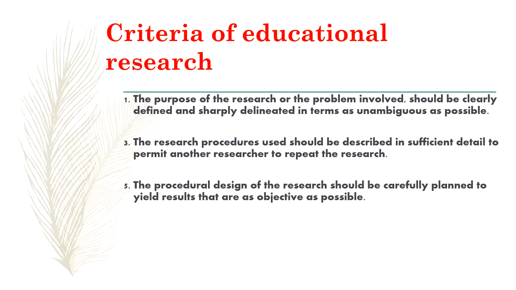The research procedure should be described in sufficient detail to permit another researcher to repeat the research. As I already told, a characteristic of educational research is generalization. So when we want to generalize our research, it is always better that we apply it in different contexts. If some researcher wants to apply the same research in different contexts, he or she should do it properly as the first researcher has done.